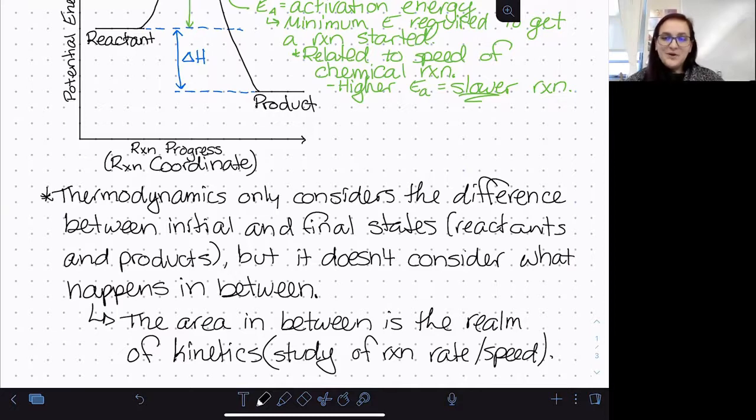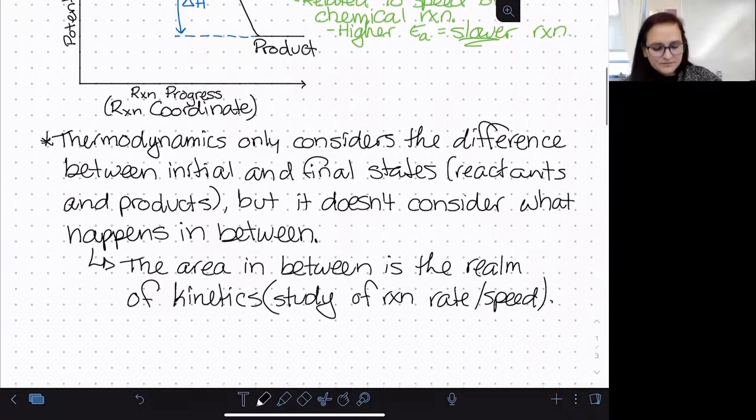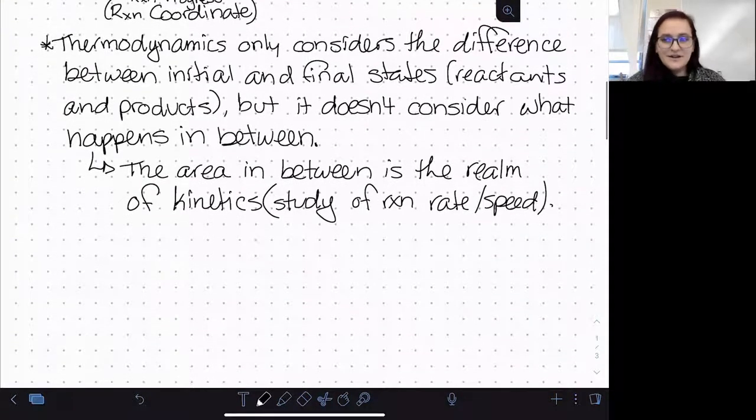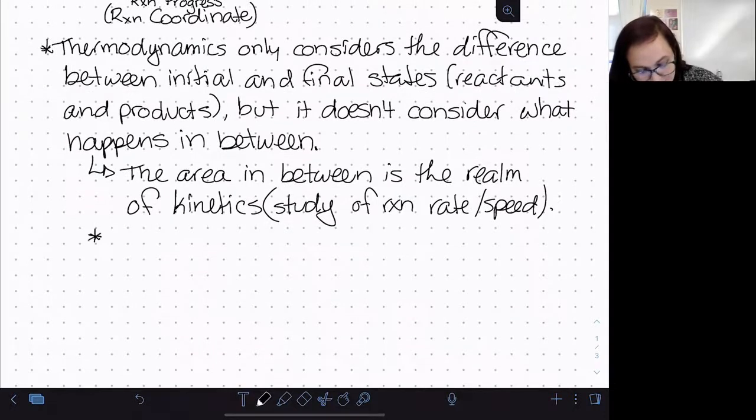But it's important to be aware that thermodynamics doesn't give us all of the information to know necessarily that a reaction is going to happen right away. Just because something is thermodynamically favored does not mean it happens quickly.